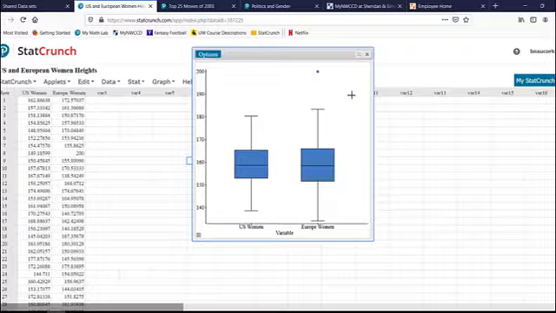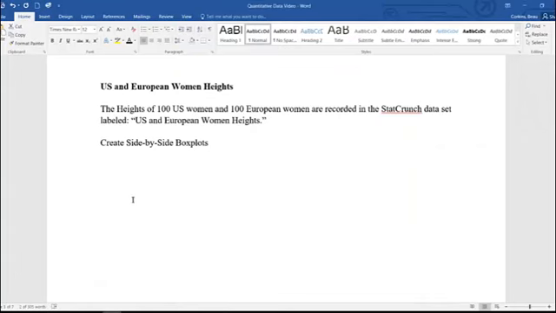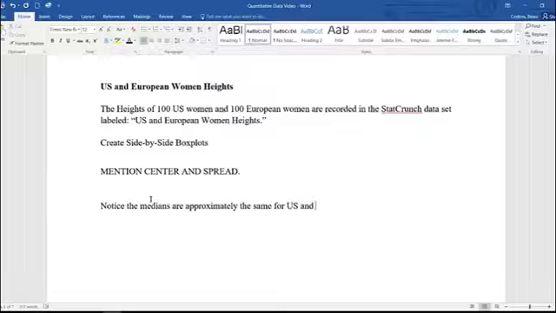So when you compare and contrast, every time you compare and contrast, you should always be mentioning center and spread. And again, we can do it with specific data, all right? So notice the medians are approximately the same for US and European women's heights.